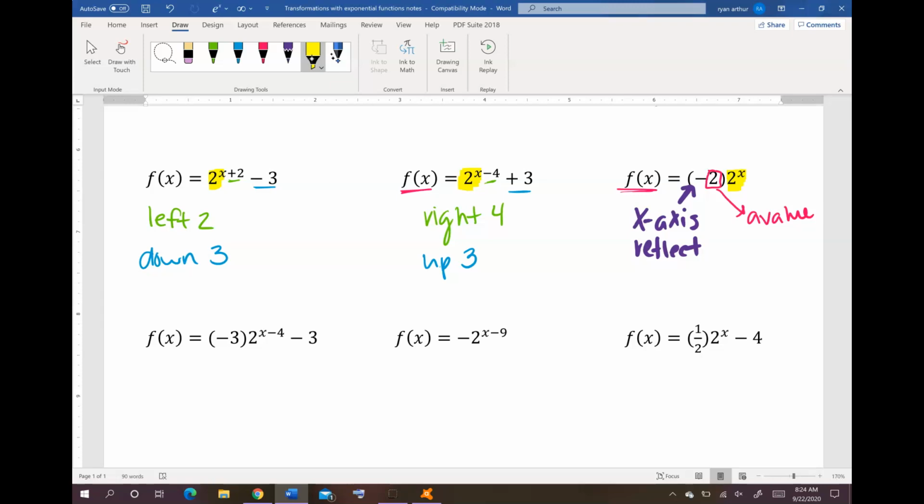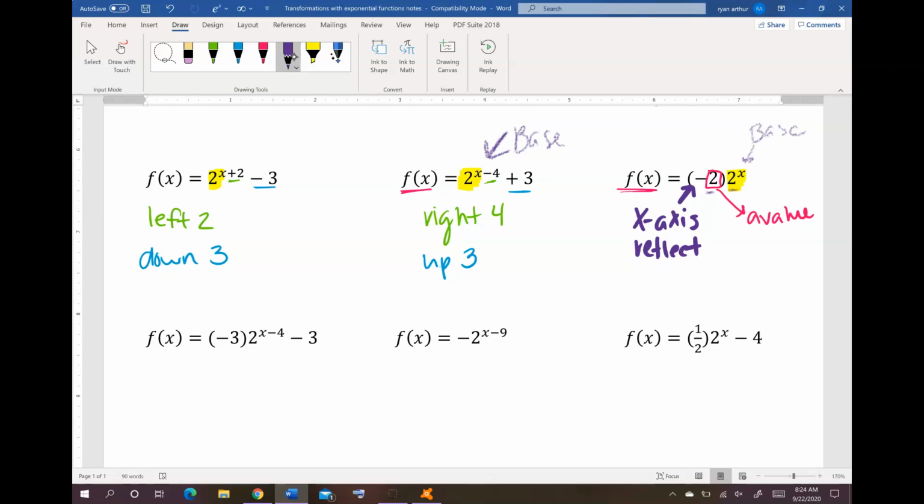So like in this problem right here, this guy, you see him? He did not have an a value. That is the base. So I didn't write a vertical stretch or a vertical compression, okay? But over here, there is an a value and there is a base. So please do not get your base and your a values confused.